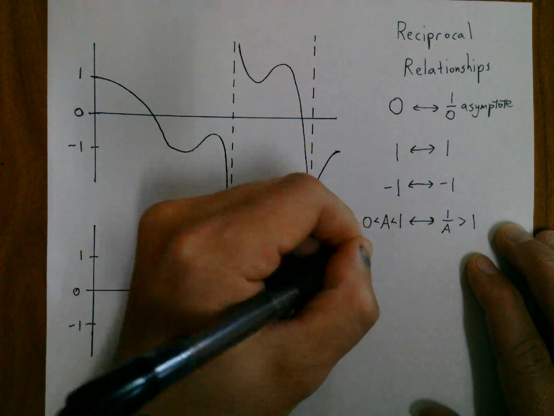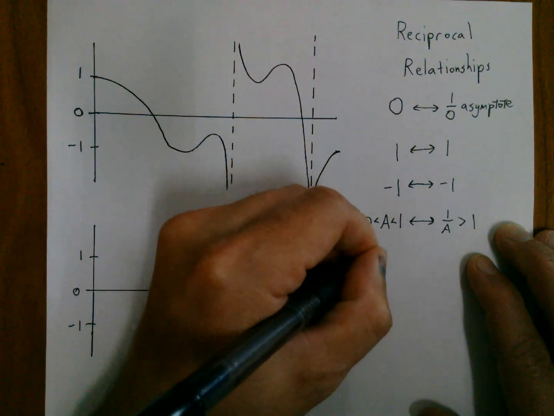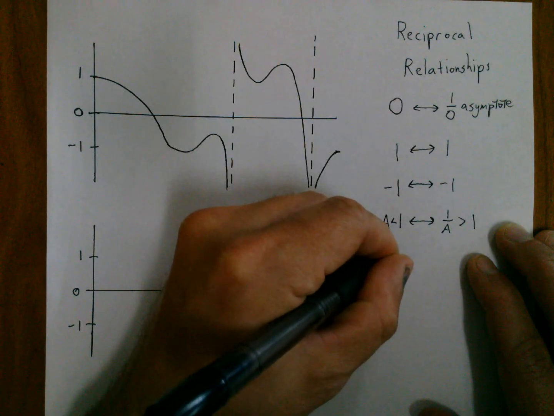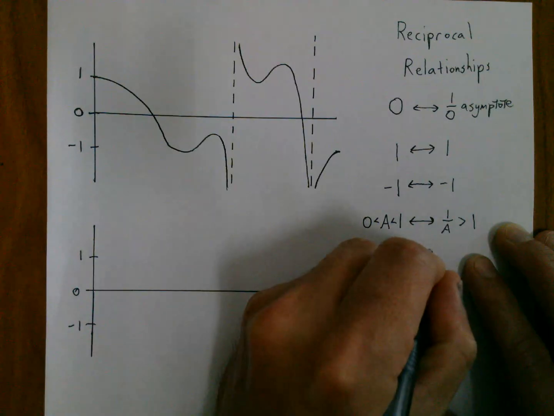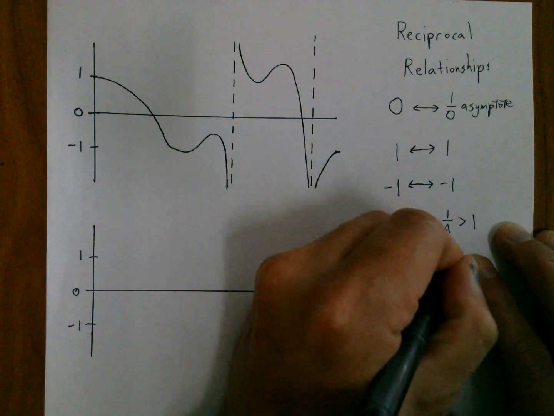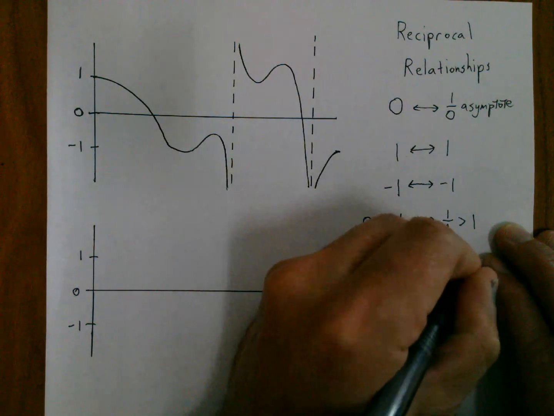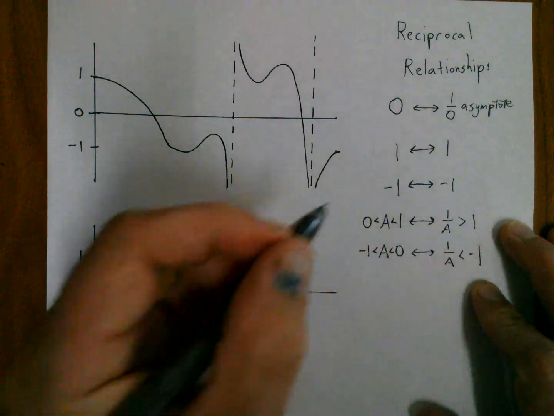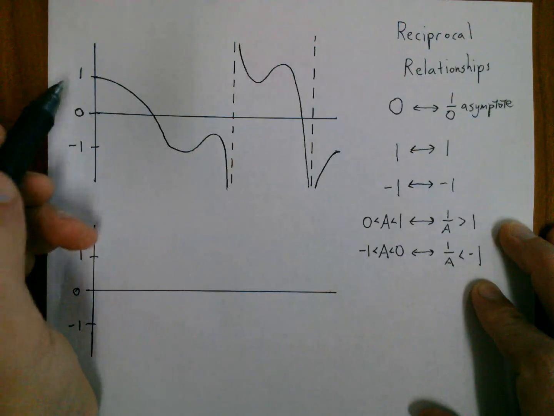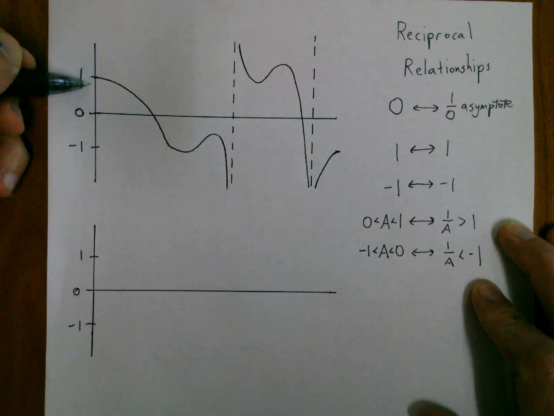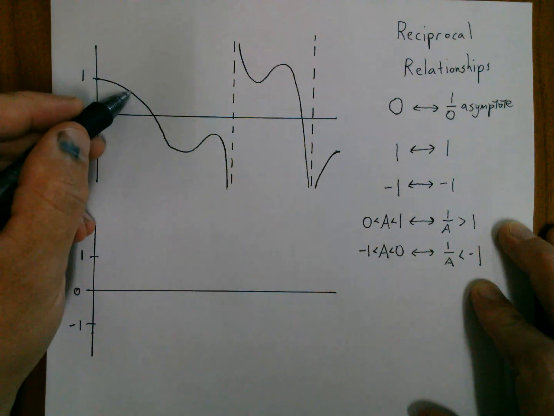This also works with negative 1. So in the zone between negative 1 and 0, doing the reciprocal of that will create numbers that are less than negative 1 and by magnitude greater than negative 1. What I mean by that is up in this graph, here's the zone between 0 and 1, and here are values that exist there.